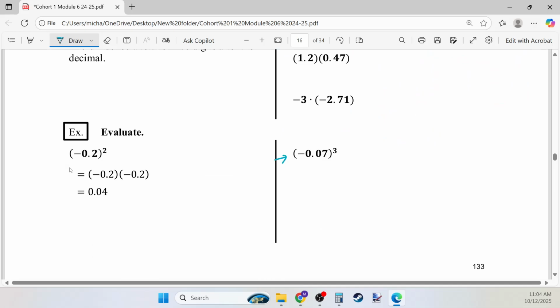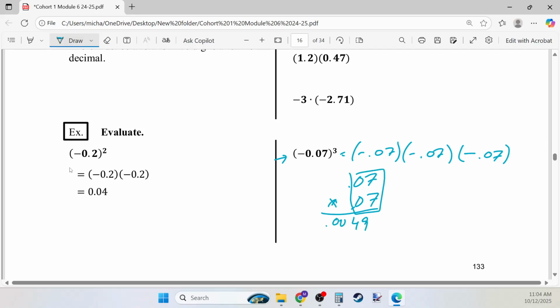This one together, I have a negative times a negative times another negative. 2 of those negative signs will cancel, but the last one won't, and so our answer will be negative. 0.07 times 0.07 gives me 49, but I have to have 2 placeholder zeros because there are 4 digits to the right of the decimal point.